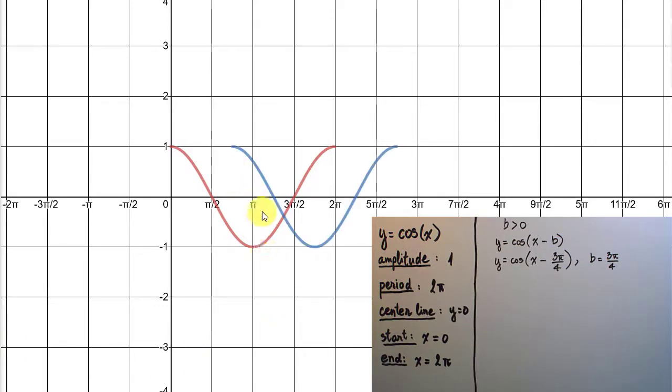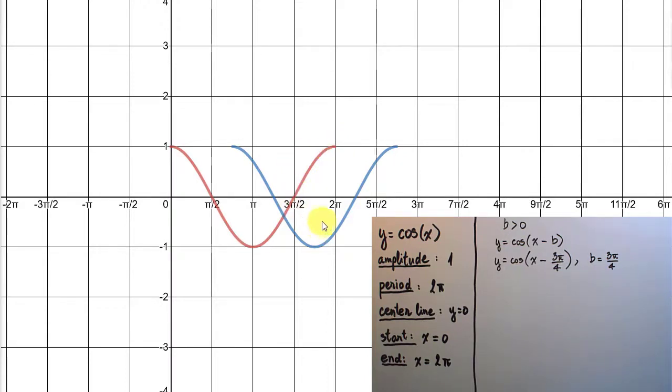And so, since the grids currently are not able to display the start and the end, we will get to that a little bit shortly. But let's find out the information that's easy to capture throughout our observations. Observation is telling us that the shape of the blue graph, which is the base unit of our function cosine of x minus 3 pi over 4, remains exactly the same as the shape of that red curve, the base unit of our original cosine of x.